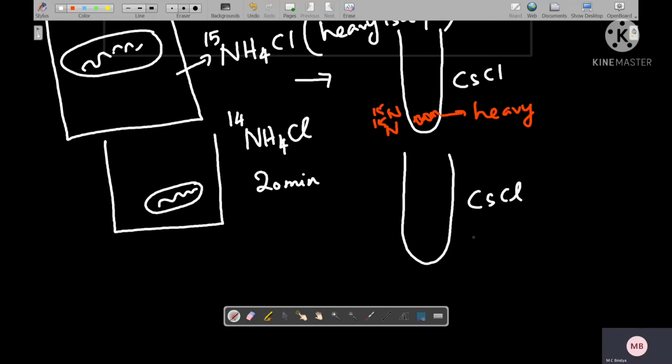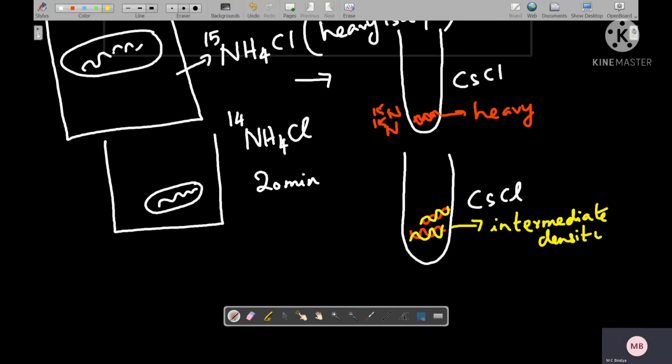What was found is that each of the DNA, since they separate, and the new DNA strand is produced from the ammonium chloride N14, that's why the density was of intermediate level. So they were intermediate density.